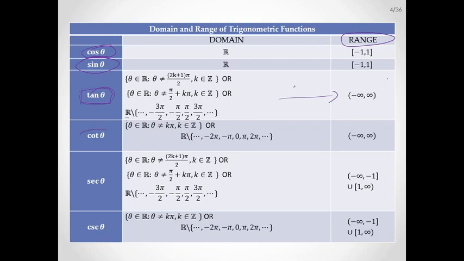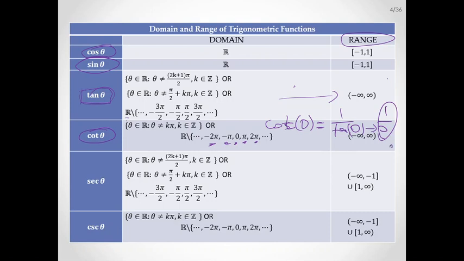In the same way, the cotangent theta has the problem at these points. If you calculate cotangent 0, you can calculate it like 1 over tangent 0. When you put tangent 0, it will be 1 over 0, which is undefined.